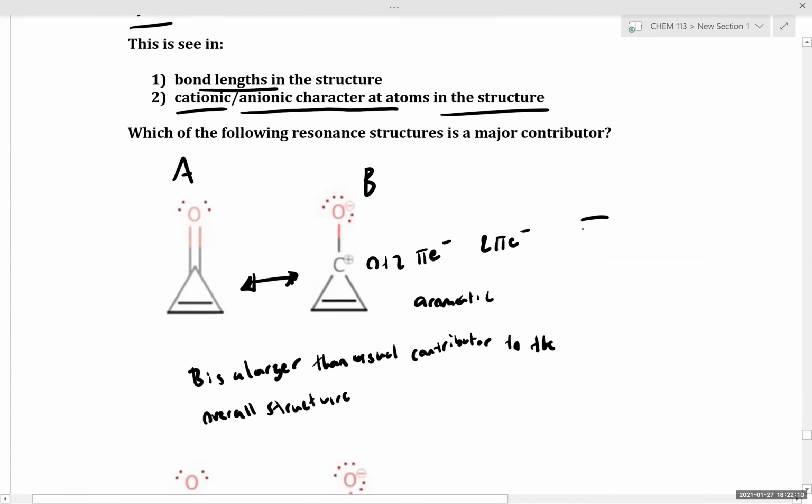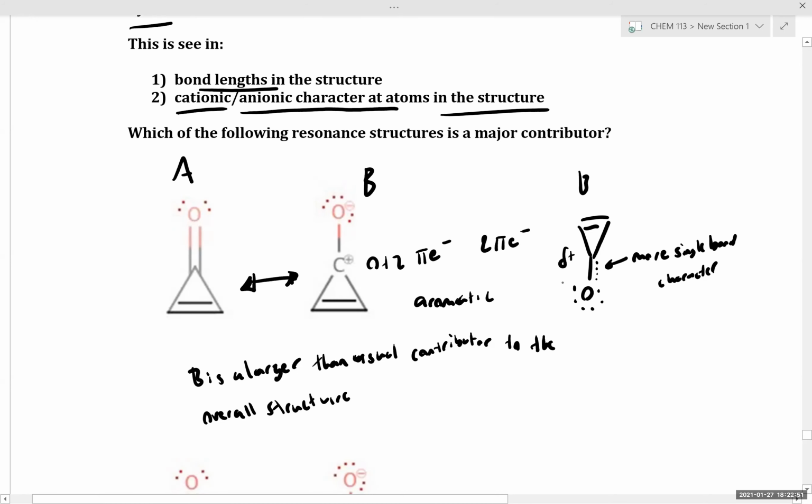Well, if you think about B really carefully, when we have our motif B, on average, our carbon-oxygen bond will have more single bond character, because the structure with a single bond is a major contributor.